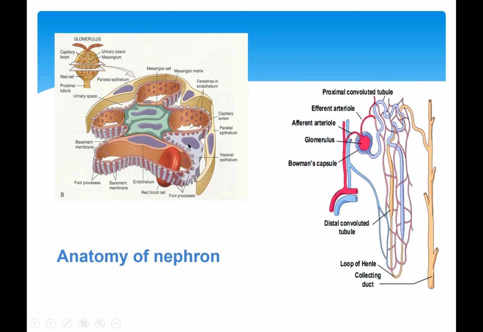You have actually two types, the visceral and the parietal epithelium. In between the visceral and parietal is your Bowman's space. The green, again, is your mesangium. You have there your mesangial cells. Do not forget that capillaries are lined by endothelial cells, next to which will be your glomerular basement membrane.